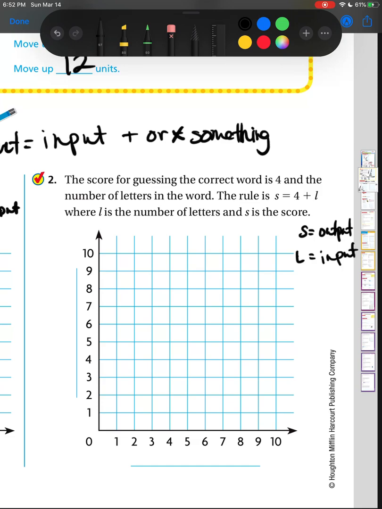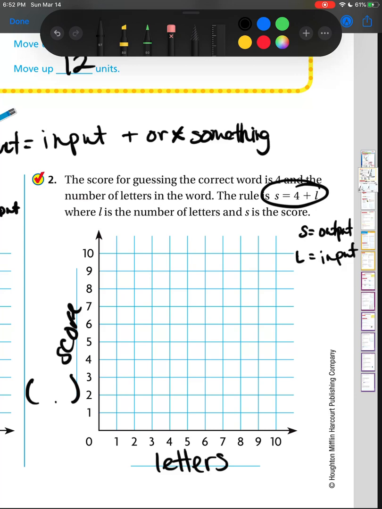Since our input goes on the bottom line, our horizontal line, letters is going to be our input, and their output would be S, which is score. All right, so our rule is S is equal to 4 plus L. So I basically take whatever my letters are, add 4 to it, that gives us our score.